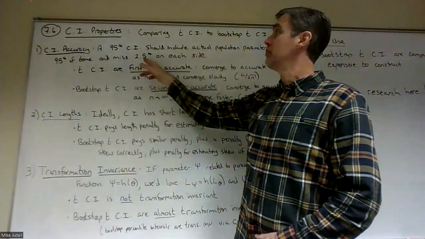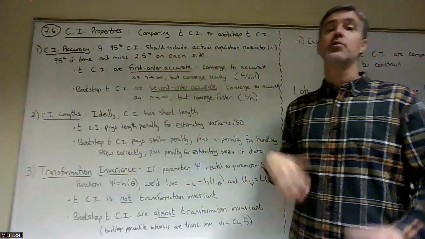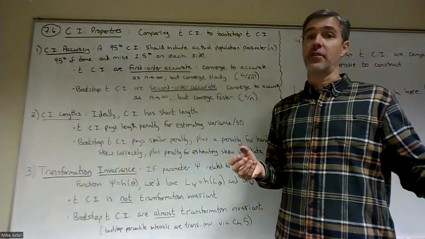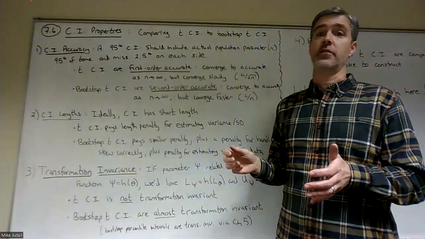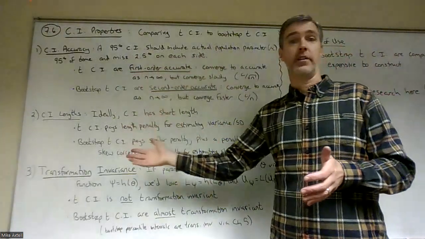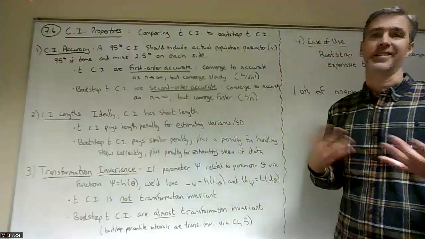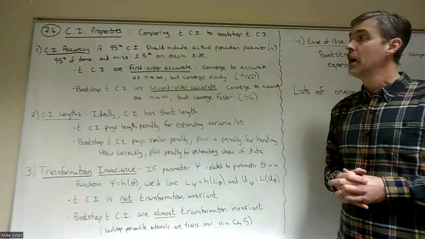And it should miss 2.5% on each side. So 2.5% of the confidence intervals should have the population mean to the left of it, and 2.5% of the confidence intervals should have the population mean to the right of it, right? So that's the ideal of what a confidence interval should be, at least a 95% confidence interval.